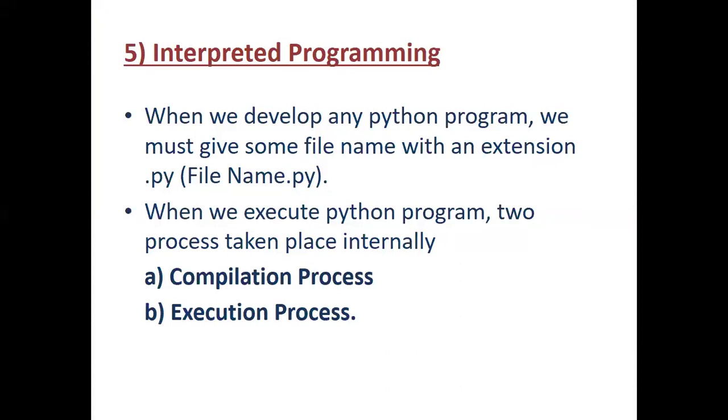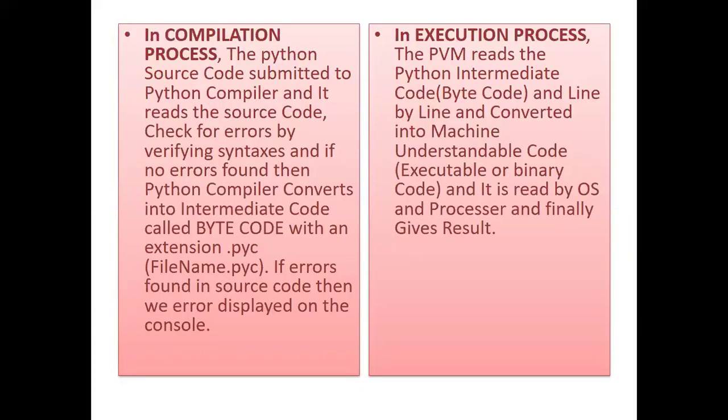Interpreted programming language: whatever we save, we need to save with the extension .py. Whenever we execute a Python program, two processes take place, that is compilation and execution. In the compilation process, the source code is submitted to the Python compiler.